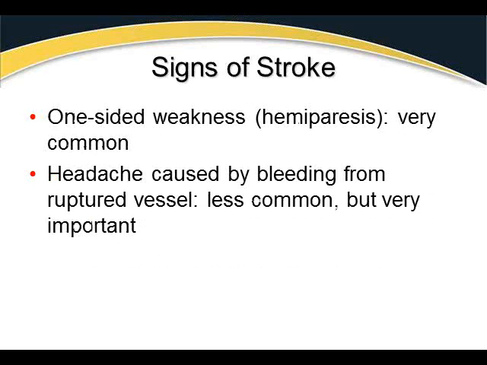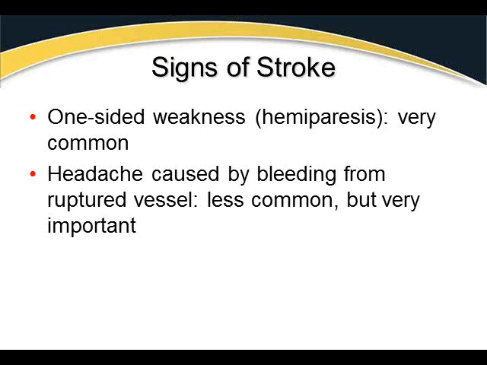So signs of a stroke may be one-sided weakness, or what is called hemiparesis. And that hemiparesis is very common in a lot of strokes. Headaches. Most of the time they're from bleeding, but they can also be just from the blockages and from the hypoxia in the brain.